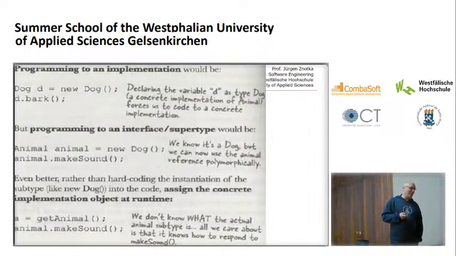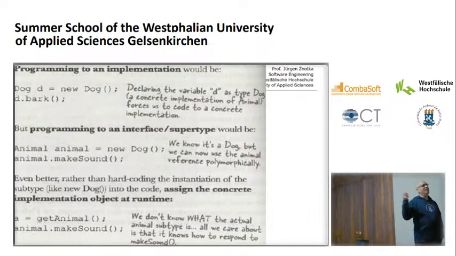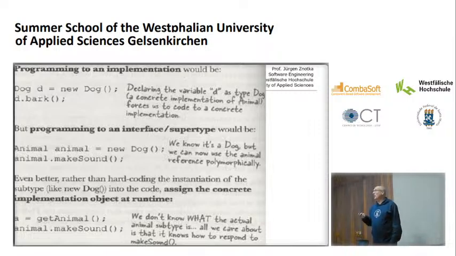Usually, I'm a software engineer. I try to avoid presenting code because you need a lot of time to read code. Programming to an interface, and so in the end you have the implementation object at runtime. Let's look. If you have a dog, say it's a new dog, and the dog can bark.